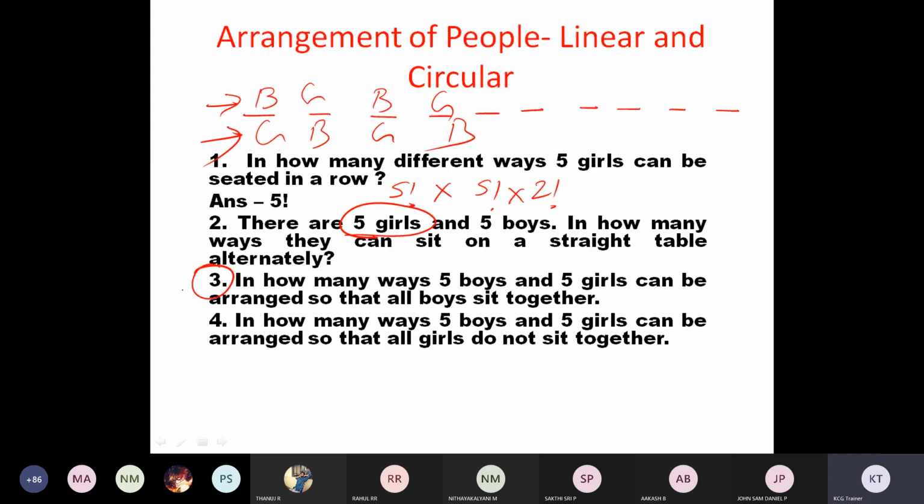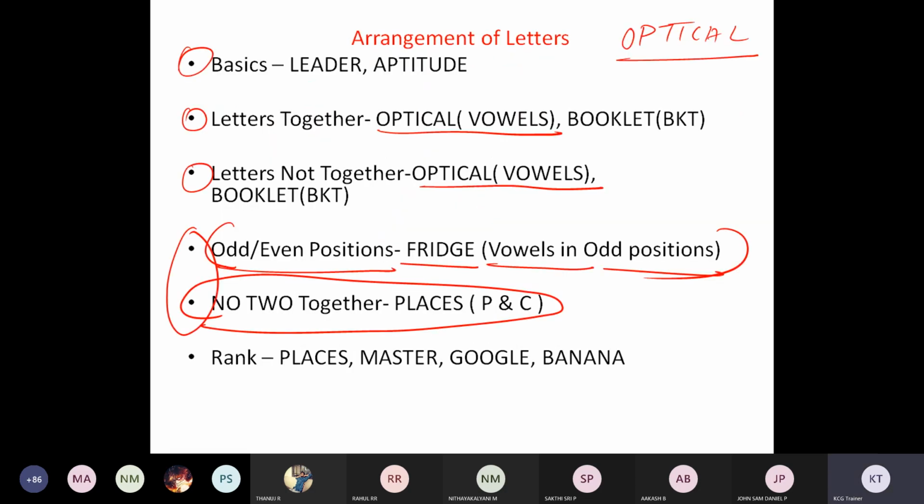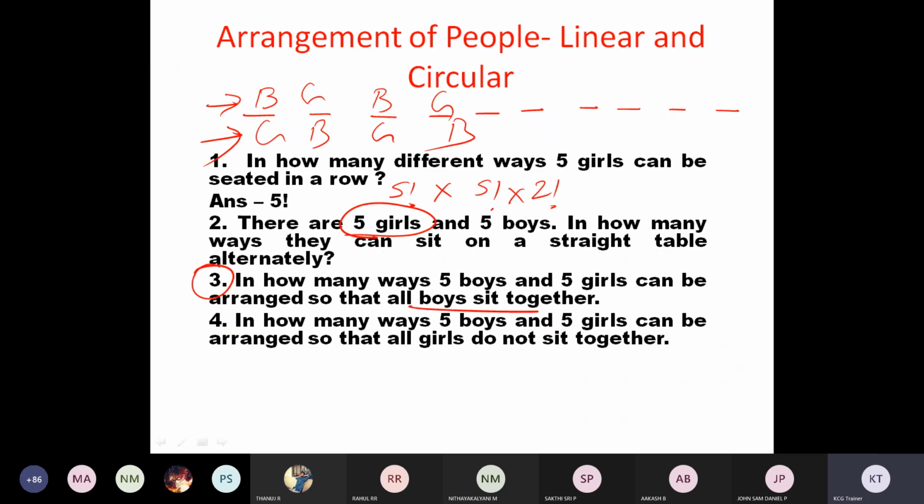Next one. In how many ways can 5 boys and 5 girls be arranged so that all boys sit together? Please listen carefully. Just now we have done arrangement of letters, the condition of letters together. Whatever concept you used there, use the same concept for boys together. What concept did I use? I subtracted the number of letters together from the total and added +1. Do the same thing. How many total people here? 10. From that, how many do you have to subtract? 5.